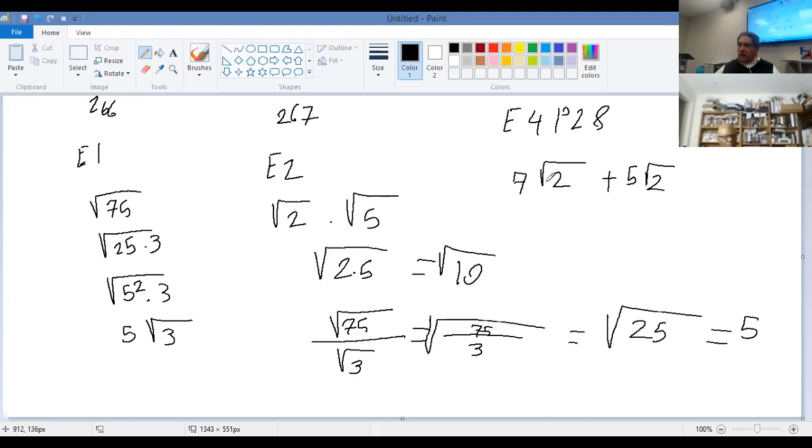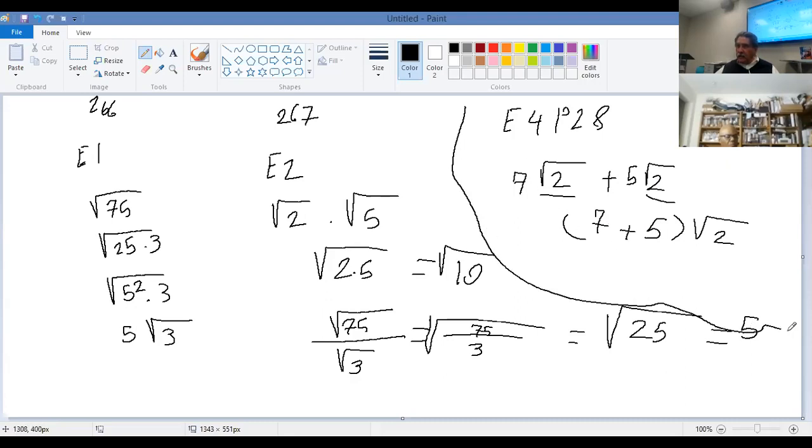These are the same, so you can factor it. So it will be 7 plus 5 times the square root of 2. Are you following me? Mm-hmm. And 7 plus 5 is 12, so 12 square root of 2. That's the answer.